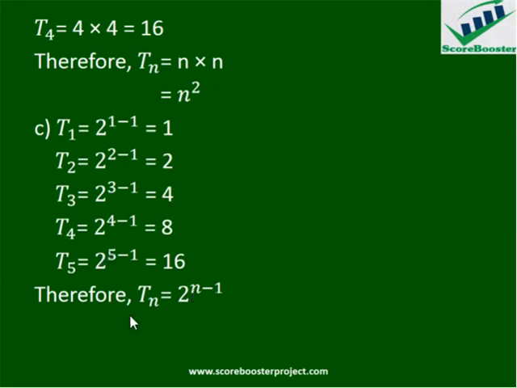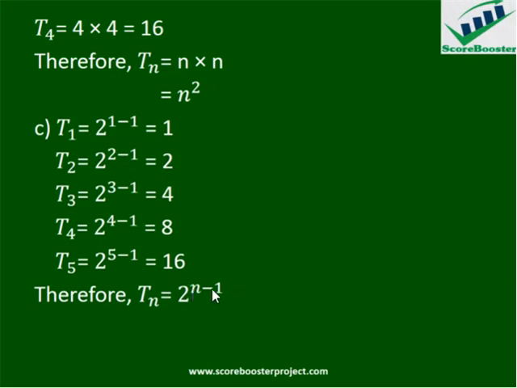So if you want to check if this general term satisfies the sequence, let's start from when n is equal to 1. T1 is equal to 2 raised to the power 1 minus 1, which is 2 raised to the power 0, which gives us 1. You can see that these values are powers of 2. That is why they choose 2.